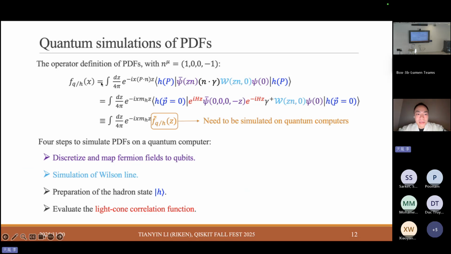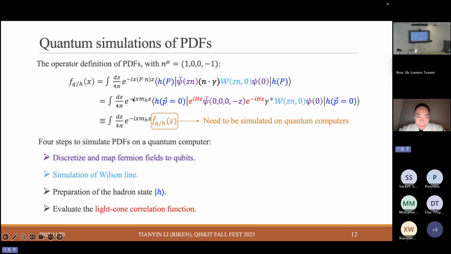So here is the operator definition of the parton distribution functions, and we use the label f_{q/h}(x) to represent the parton distribution function. Its physical meaning is the probability density to find quark q inside hadron h with momentum fraction x.